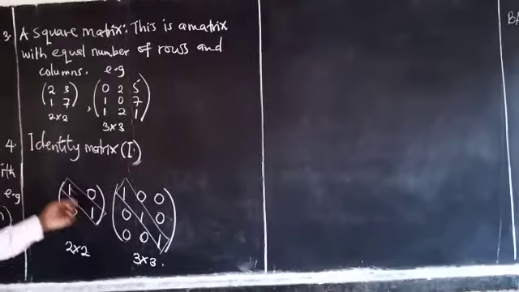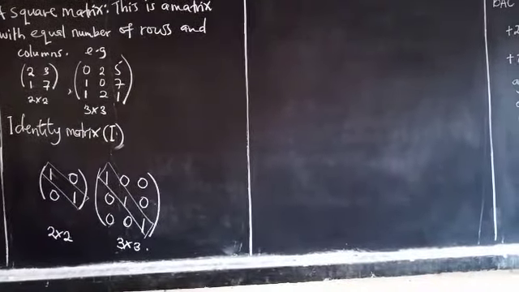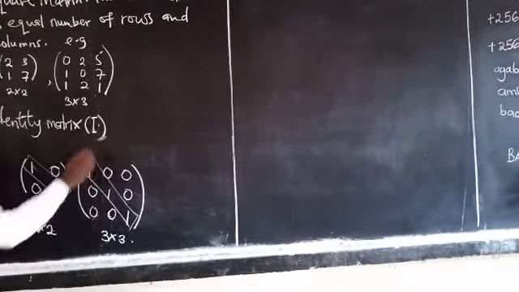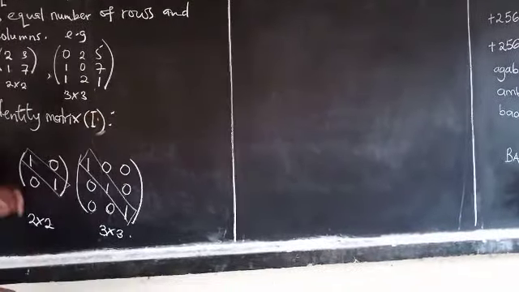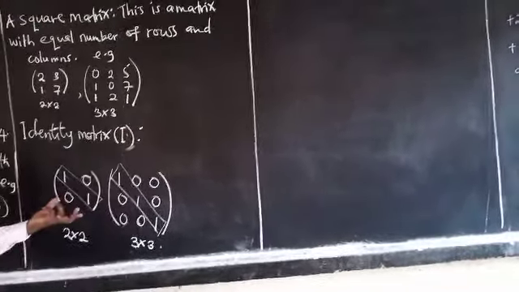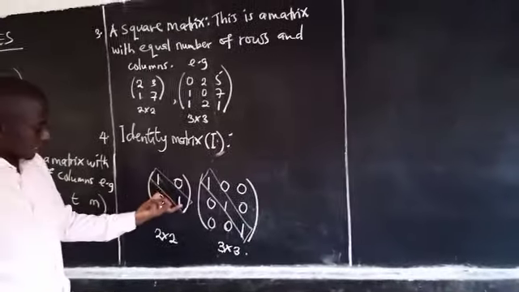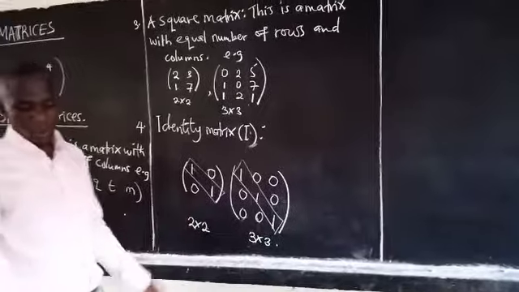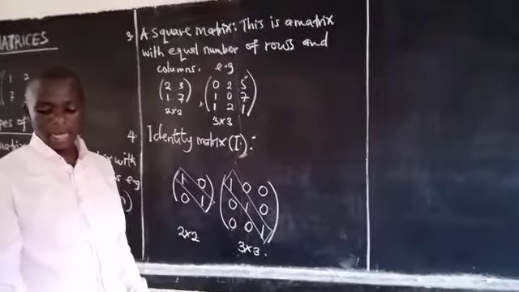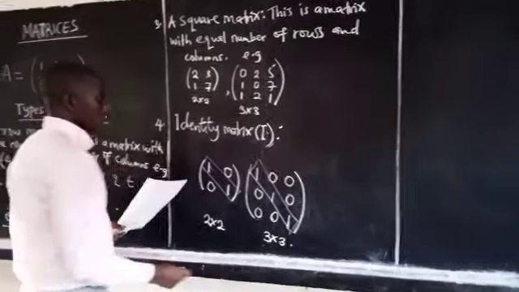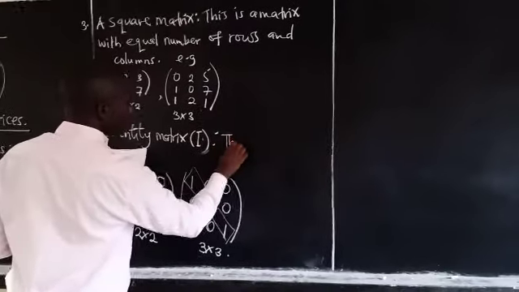The elements in the leading diagonal are 1 and the rest are 0. And it is a square matrix. So you can say that this is a square matrix whose other elements are 0 except the ones in the leading diagonal.